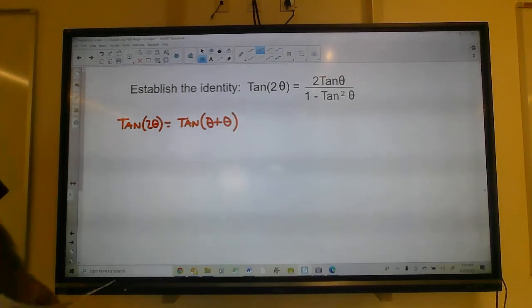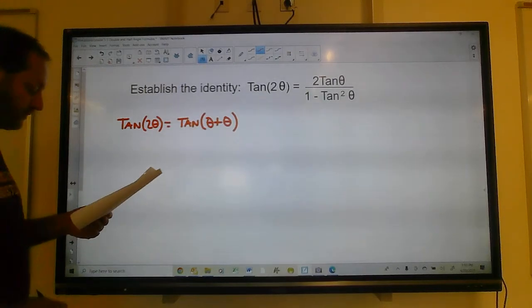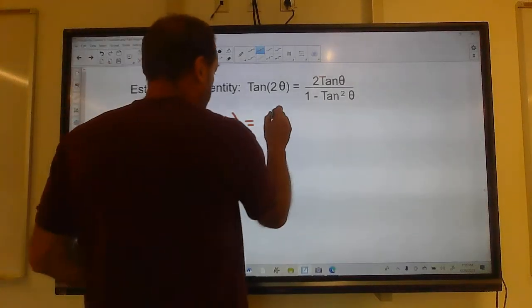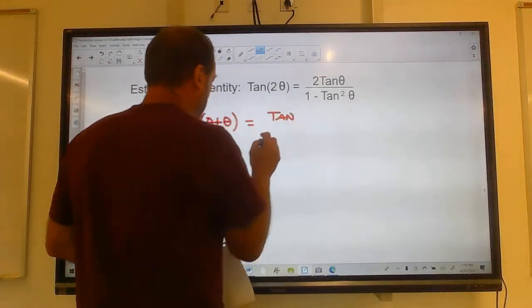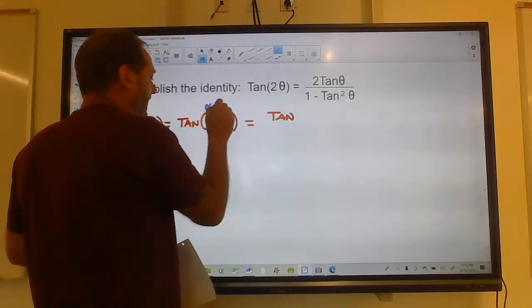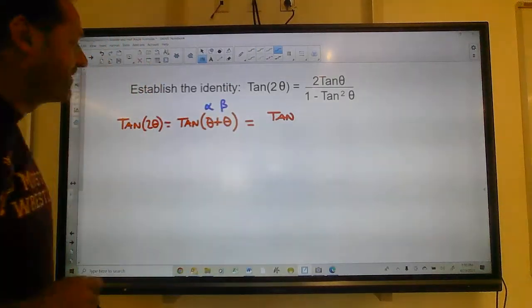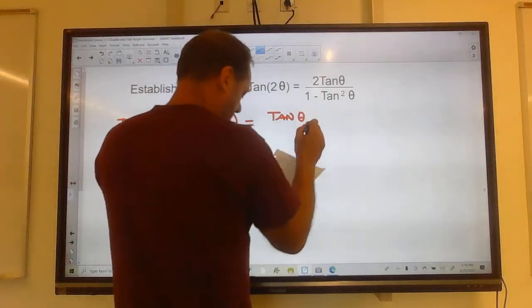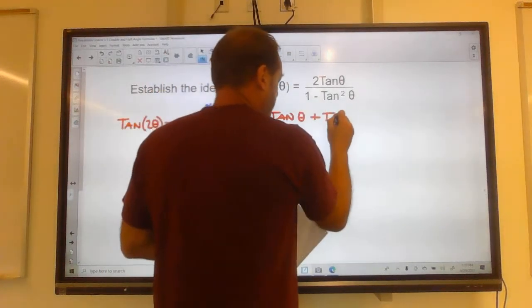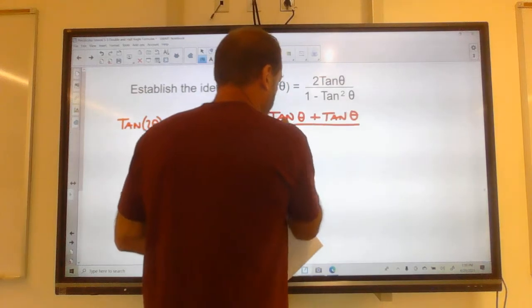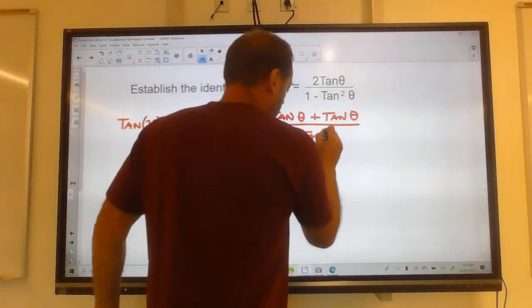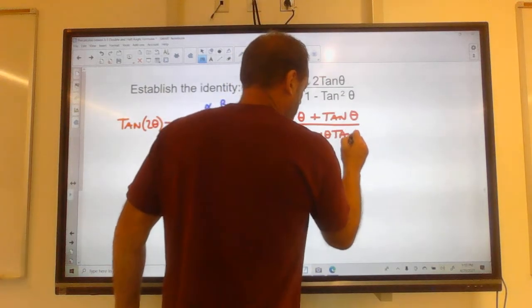Now, we're going to use our sum and difference formulas for this. So this formula is the tangent formula. Okay, so here I've got alpha and beta, and they're the same thing. They're both theta. So this is going to be tangent of theta plus tangent of theta all over 1 minus tangent theta times tangent theta.